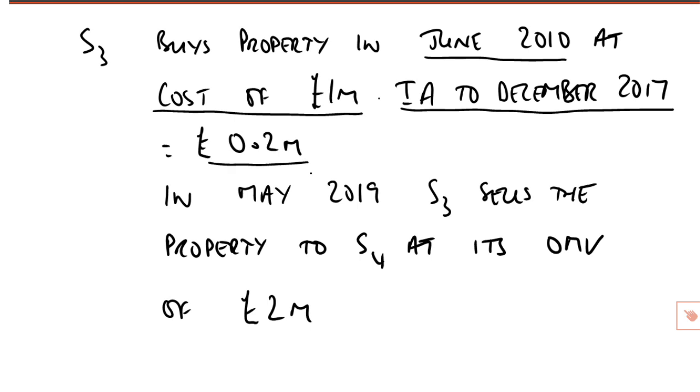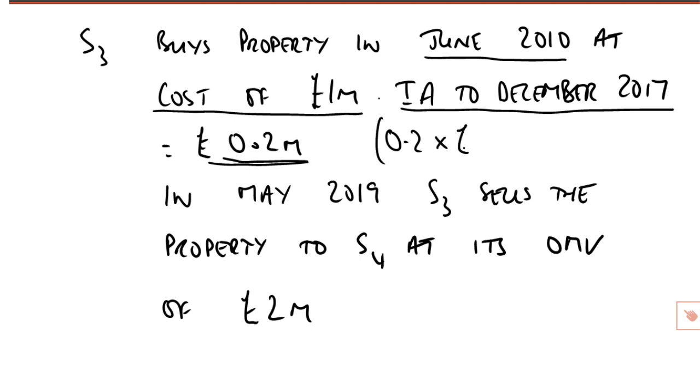What, of course, you'd have been told there, potentially in an exam question to get you to work out that figure yourself, it would be a very simple exercise, of course, is that you'd be told that the indexation factor from June 2010 to December 2017 was 0.2.